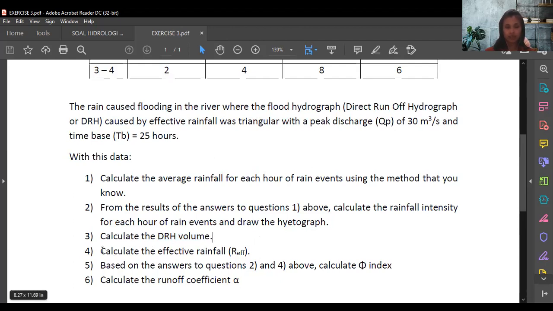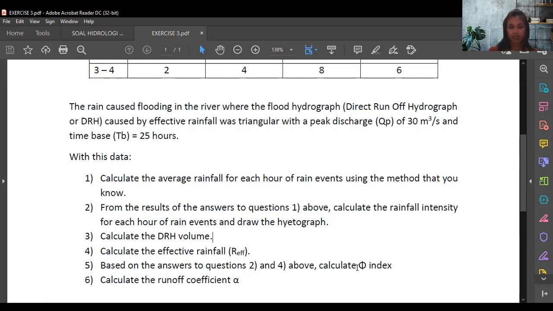And then the fourth one, calculate the effective rainfall. For this effective rainfall, you can calculate based on the answers to questions 2 and 4 above.